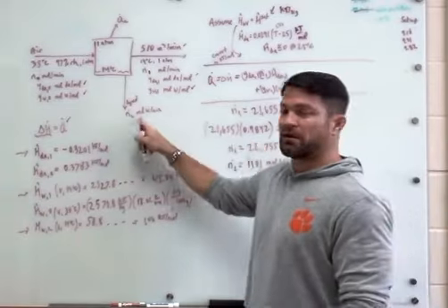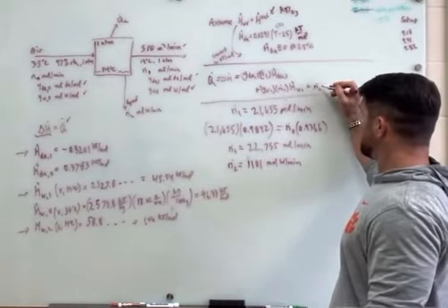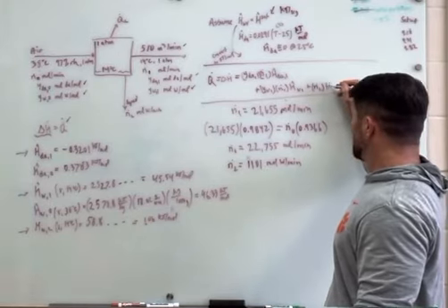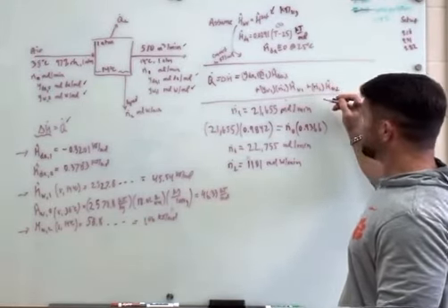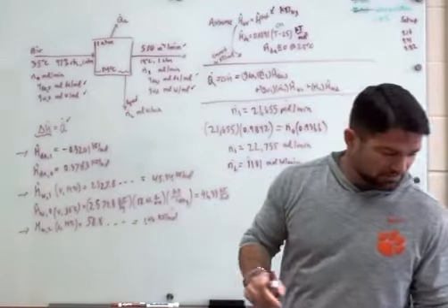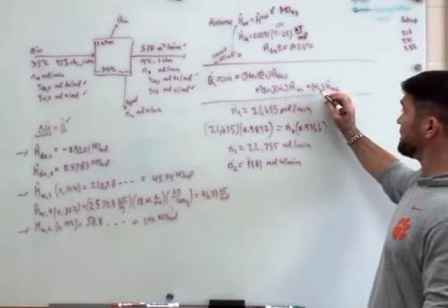Plus, we also have water coming out in this stream, and that's just going to be N_L times H water in stream 2, which I call L or 2, whichever is fine. So that's that coming out in that stream.